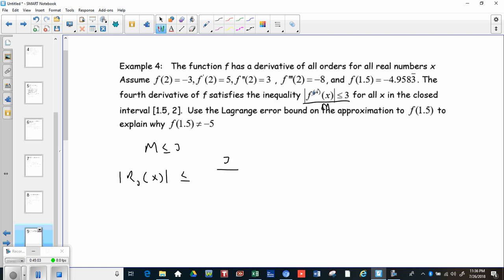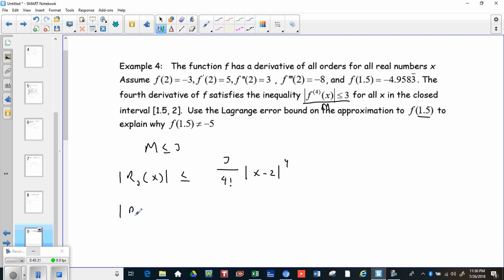Now let's see, they gave us the first three terms, but they told us this is the fourth, so this would be over 4 factorial absolute value of x minus the center. Now the center that we do need to pick up from this, the center is obviously 2. That's what we're evaluating everything at, to the fourth power. And it looks like we're trying to approximate f of 1.5, so that's what's going to go in for x.